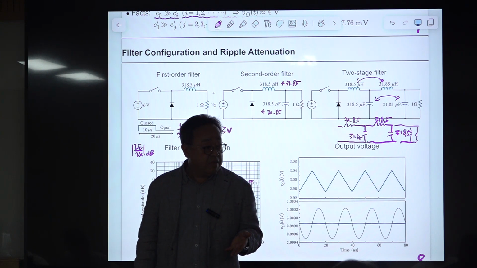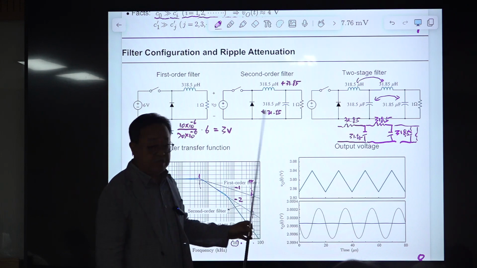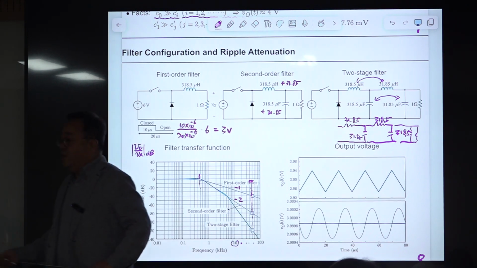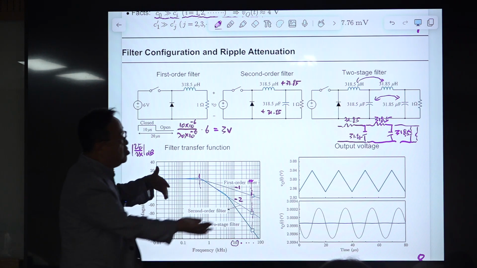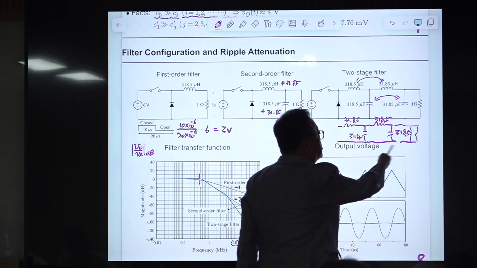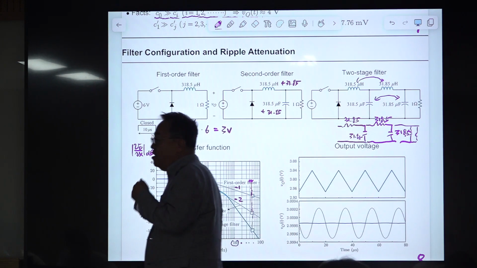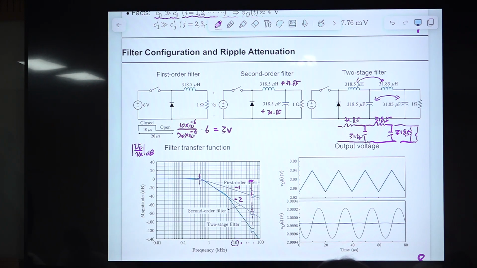Okay? Right? So this is one practical thing you need to know in practice. Okay, so in terms of circuit analysis, they are the same, right? But in terms of the performance with capacitive and inductive load, they are very different. Okay, so this is one example.